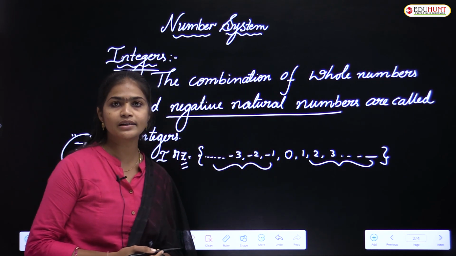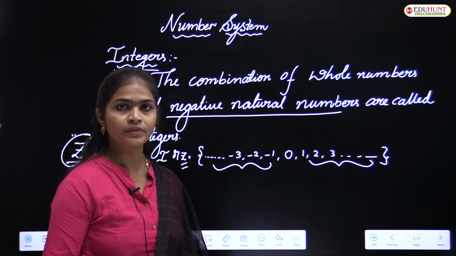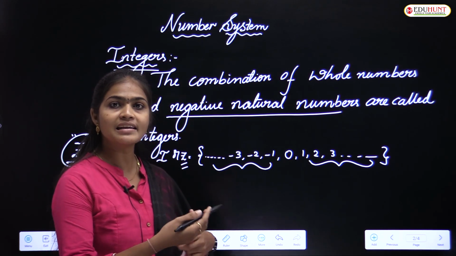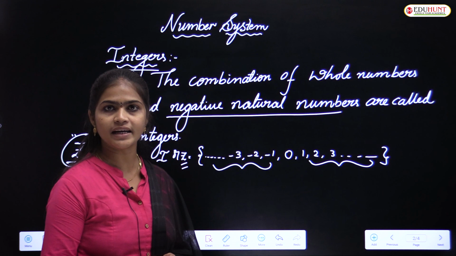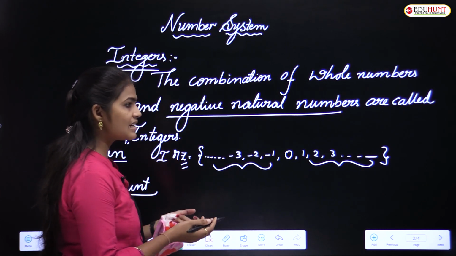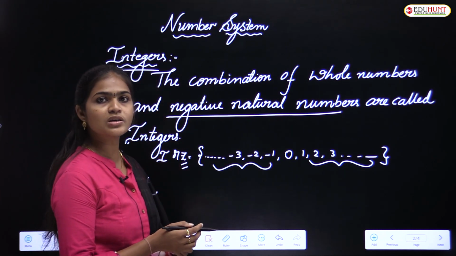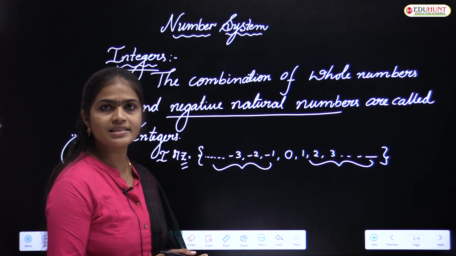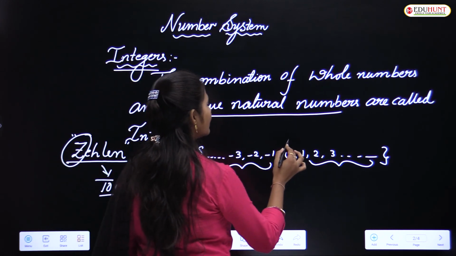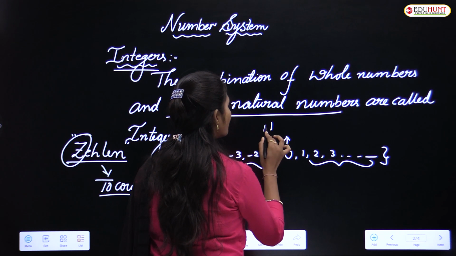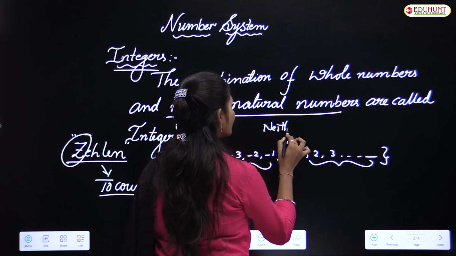What about 0? Is 0 positive or negative? 0 means nothing is there, it is insignificant. How can we say it is positive or negative? We can't. So 0 is neither positive nor negative.